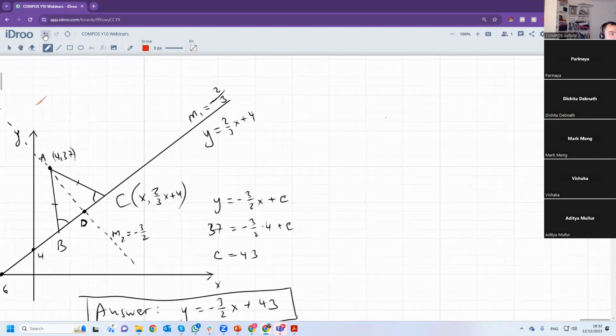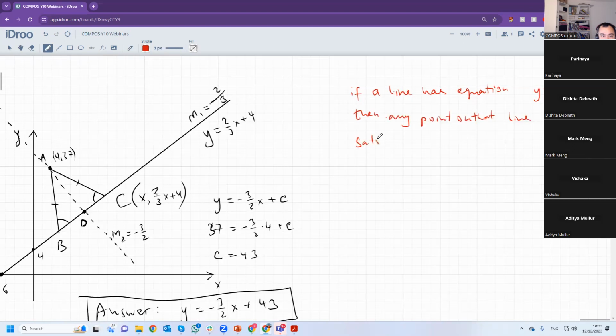If a line has equation y equals 2/3 x plus 4, then any point on that line satisfies this equation.